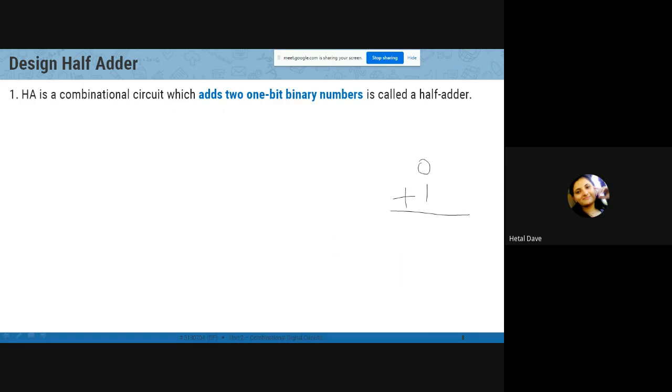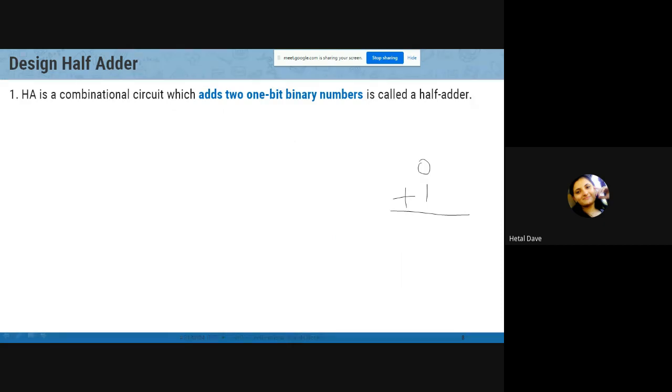So we need to design this circuit. Whenever I give 0 and 1, I can get correct output using this circuit. So first of all, we need to define how many inputs and outputs are required. If you are having one adder circuit, how many inputs can it have?